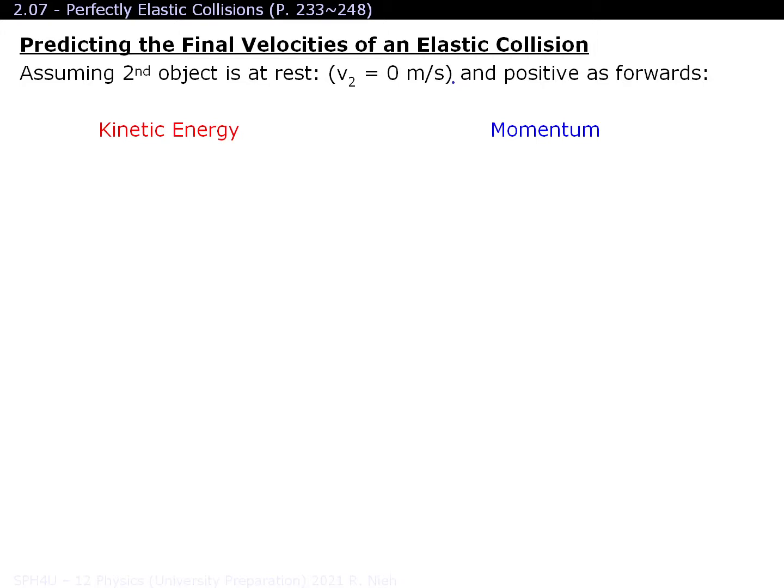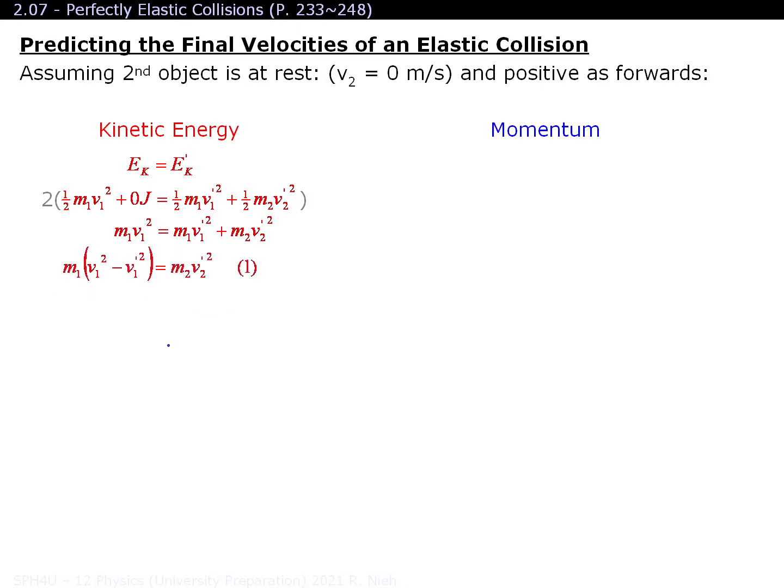Okay, so if kinetic energy is conserved, then we know that Ek at the beginning is equal to Ek at the end. And again, since object number 2 is at rest, that's why Ek for object 2 is 0 joules. To clean this up, let's multiply everything by 2. And then we can bring this term over to the left-hand side and factor out m1. And we'll pause there for now.